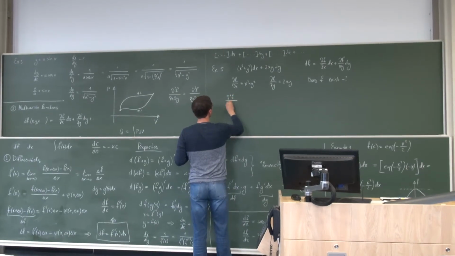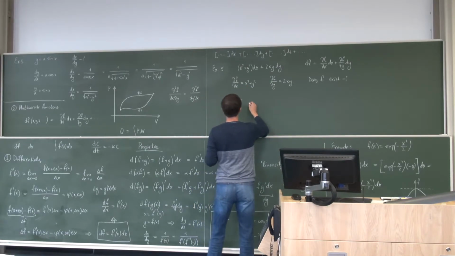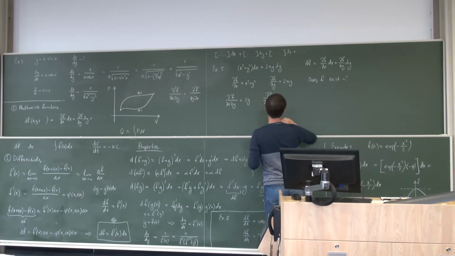Differentiated with respect to y, this is 2y. Here, differentiating with respect to x, also 2y.